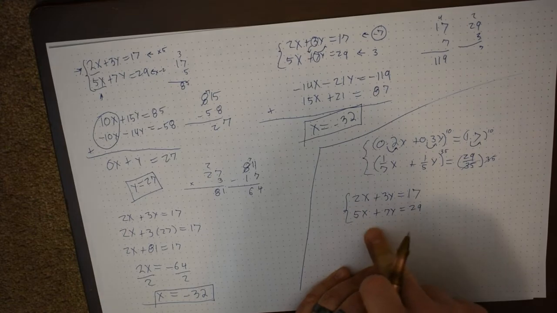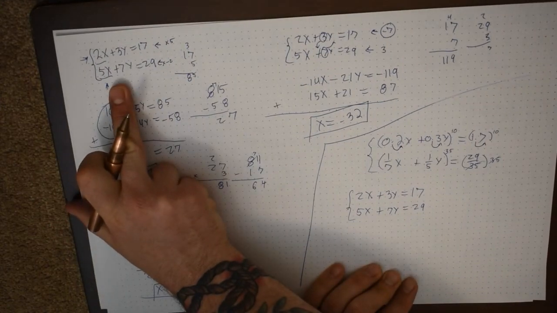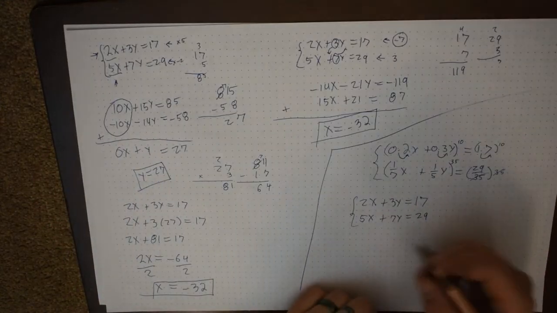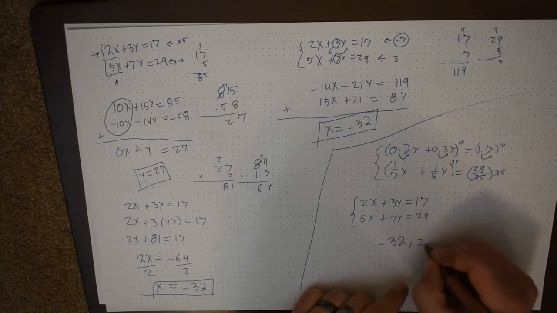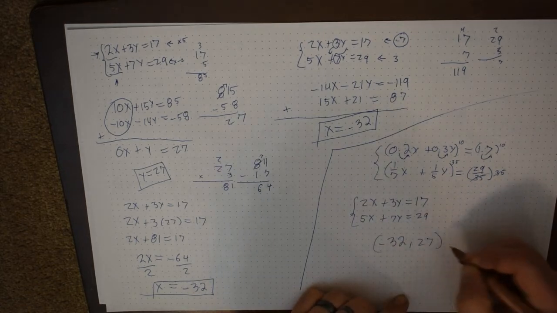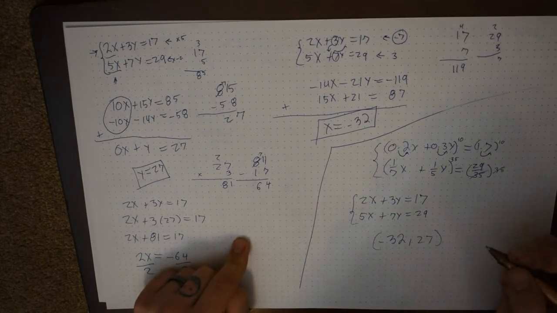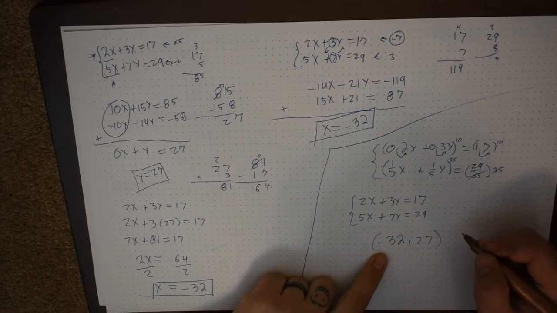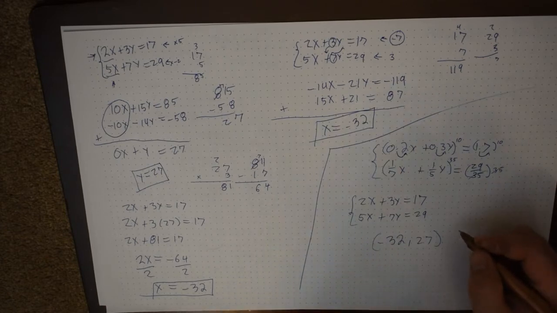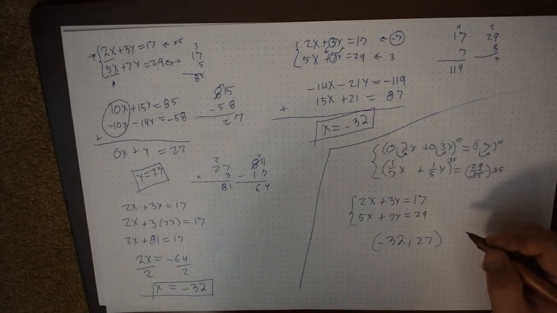This equation is now the same as the one we did a moment ago, and it'll have the same answer of (-32, 27), because we know that the solution to a system of equations with two variables is a point, with coordinates x and y.